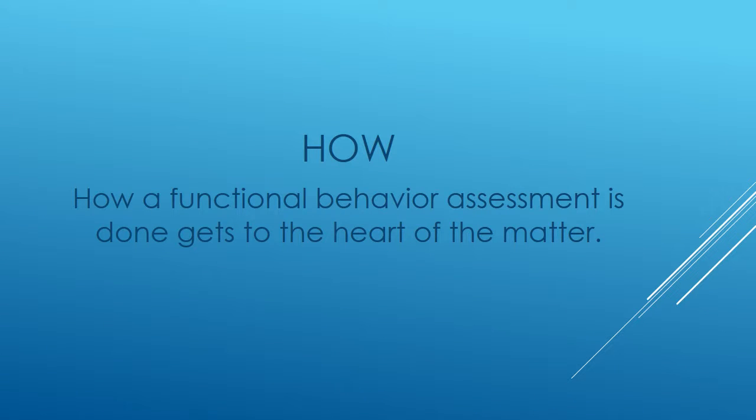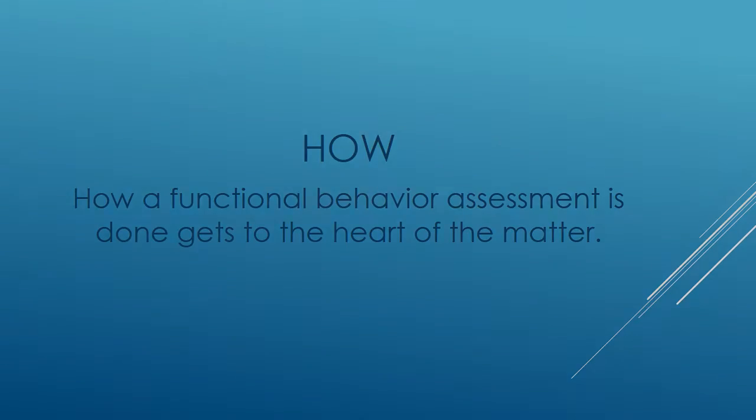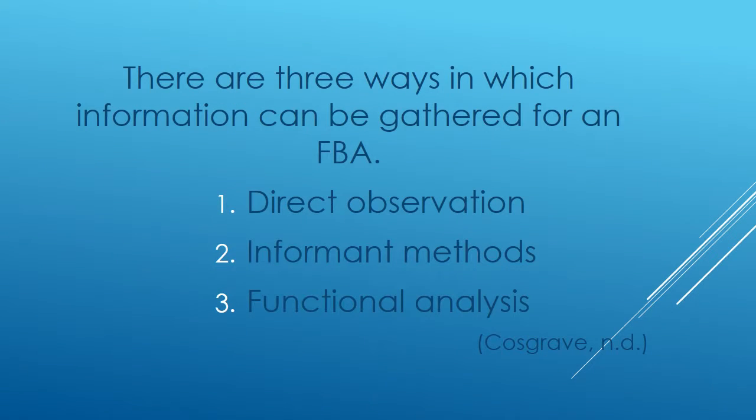Now we look at how a functional behavior assessment is done. How it is done gets to the heart of the matter. There are three ways in which information can be gathered for an FBA: direct observation, informant methods, and functional analysis.